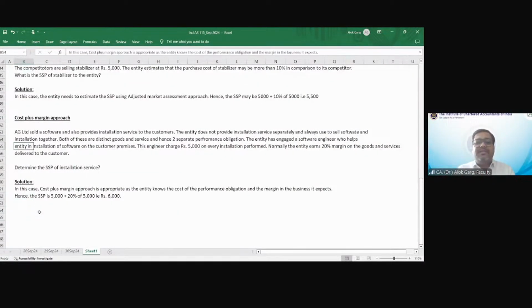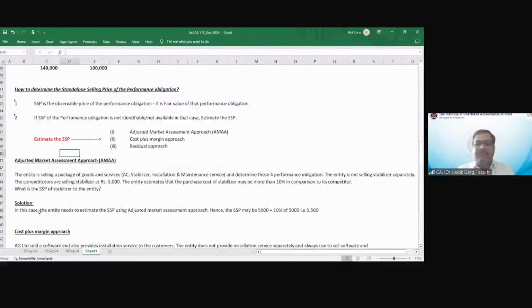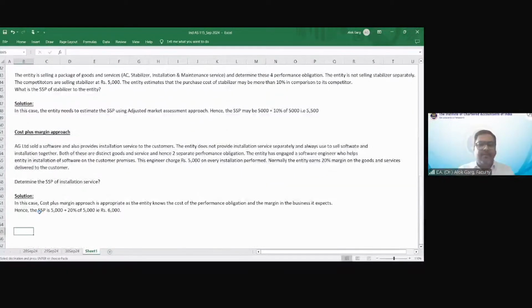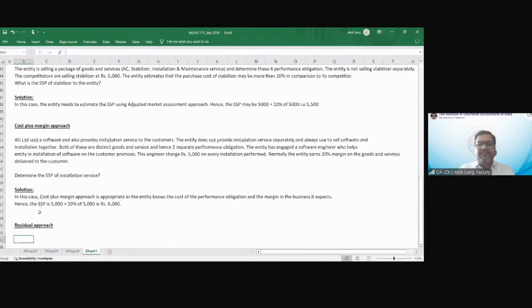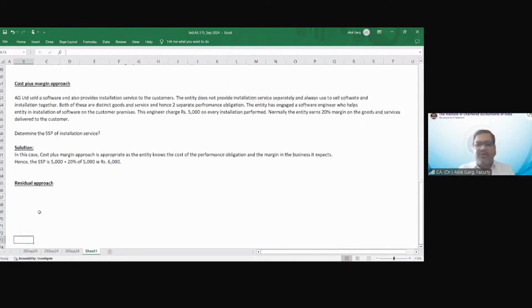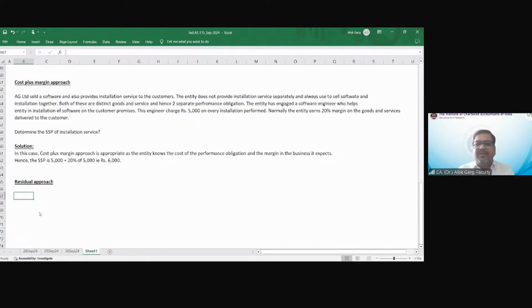The third one is the residual approach. Very simple approach. This approach is hardly used in real life, but in examination, if the question comes, it's the simplest approach. What is the residual approach?